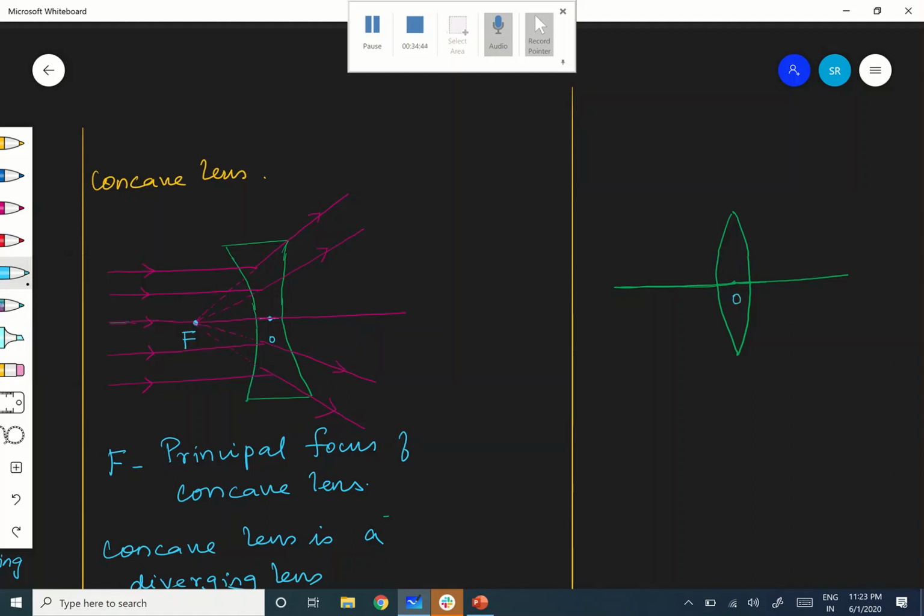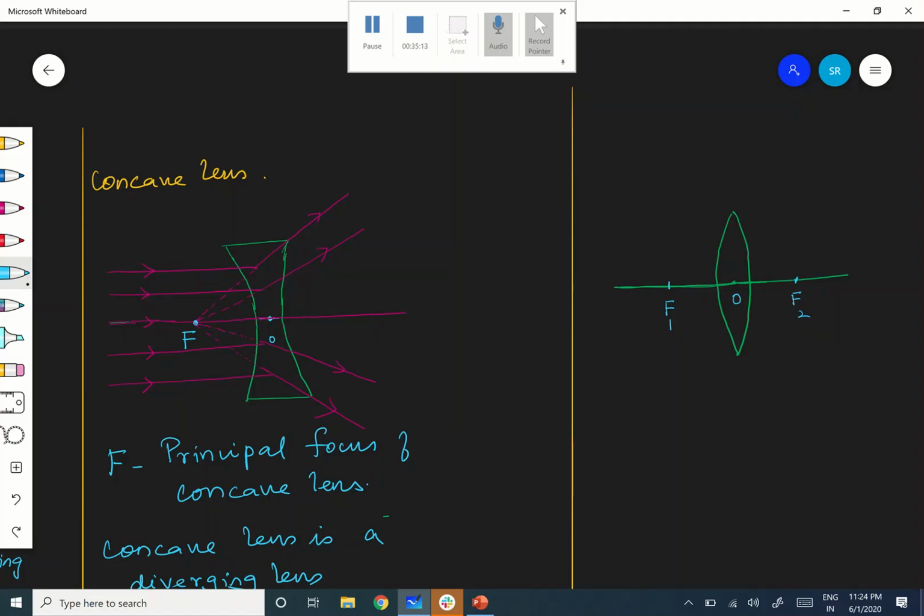On this side there is one principal focus, and at the same distance on the other side there will be one more principal focus. To differentiate, this is f1 and this is f2. For lenses, one on the left side and one on the right side, called f1 and f2.